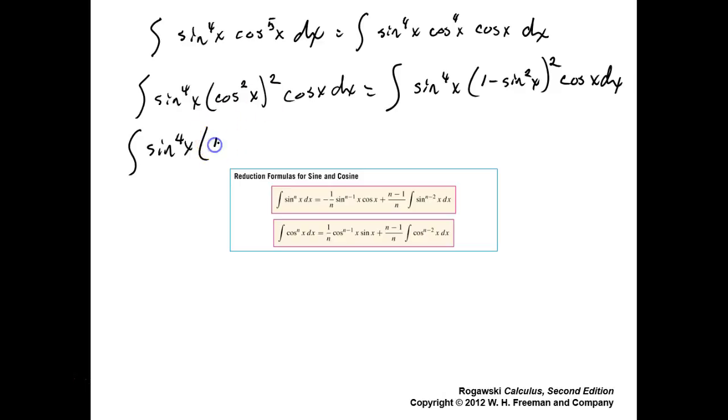Square the first, 1, minus twice the product, 2 sine squared x plus sine fourth x. All that times cosine x dx. Right?